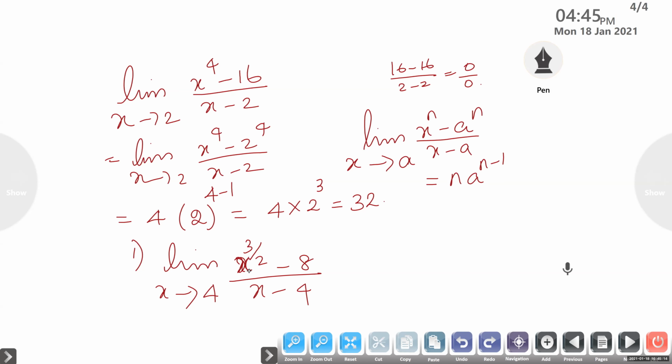Answer is 3. How are we getting this answer? Can you explain this?